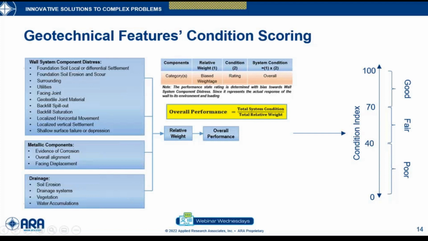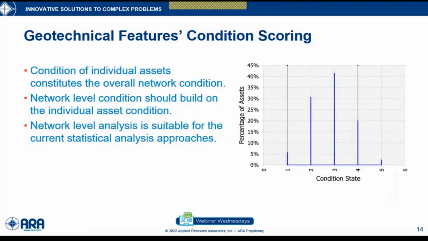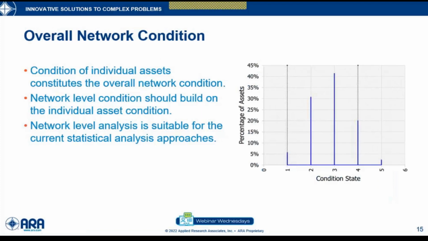That is a more fine or discrete scale. And you can also transfer that into a more aggregated scale of poor, fair, good, as shown to the right of the screen here. So there are procedures to come up with basically relative weights and so on, and that would be very critical when it comes to geotechnical asset management.